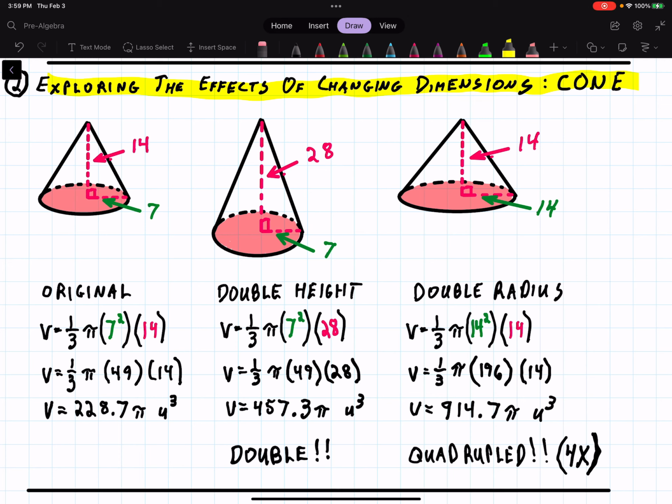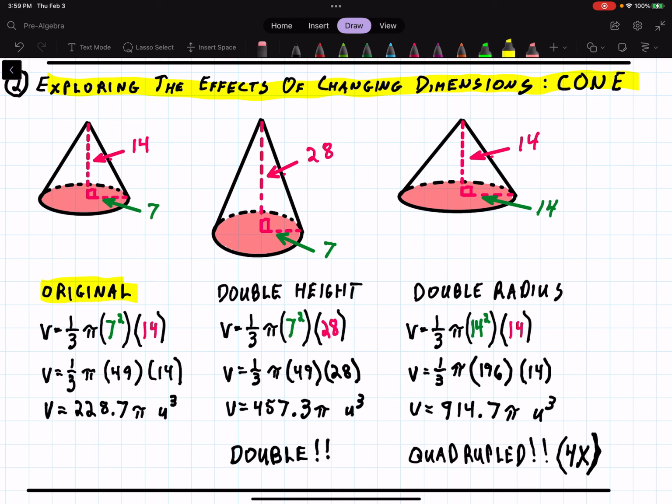But if I take the radius and double it, it's like I have almost 4 cans of pop. So doubling the height of a cylinder doubles the volume, but doubling the radius of a cylinder quadruples the volume. So let's see if that same thing holds true.